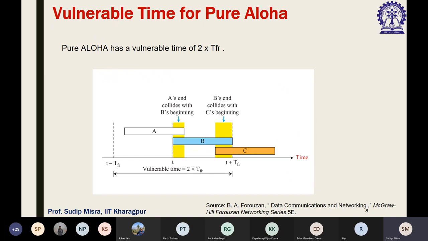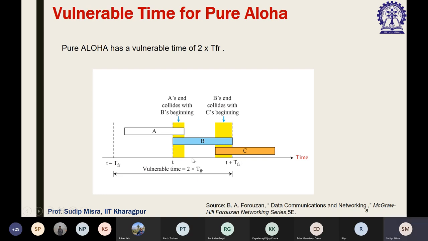In pure Aloha, the vulnerable time is 2 times TFR. What is TFR? TFR is the frame duration. So 2 times your frame duration is going to be the vulnerable time.